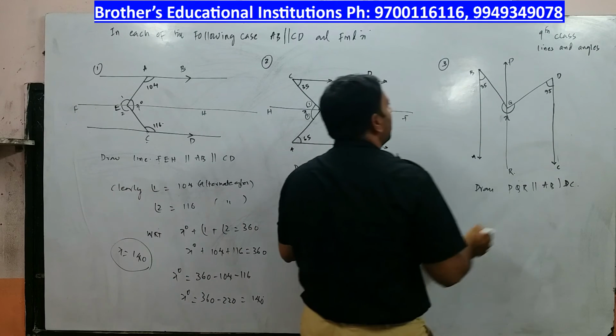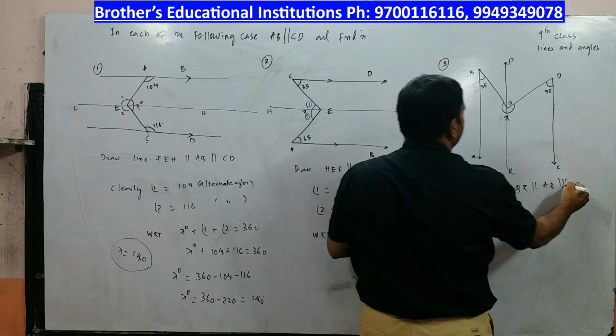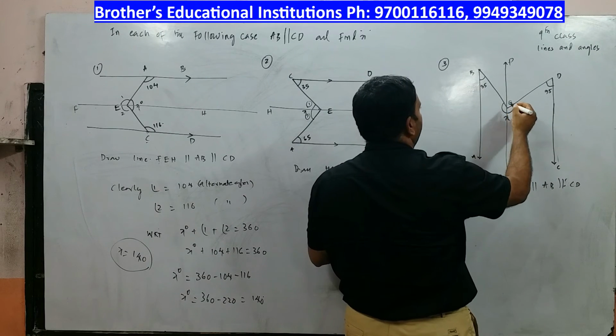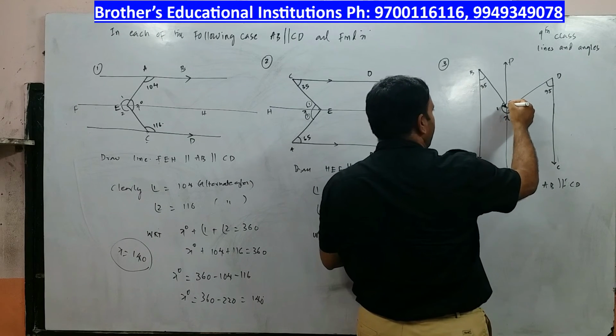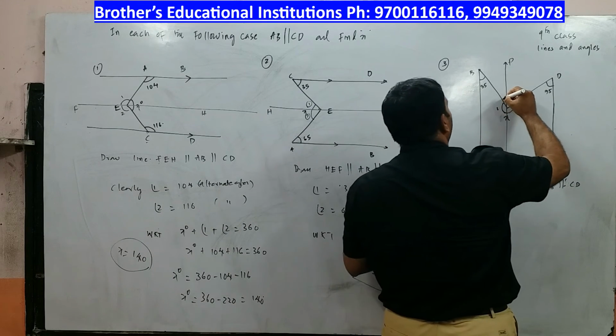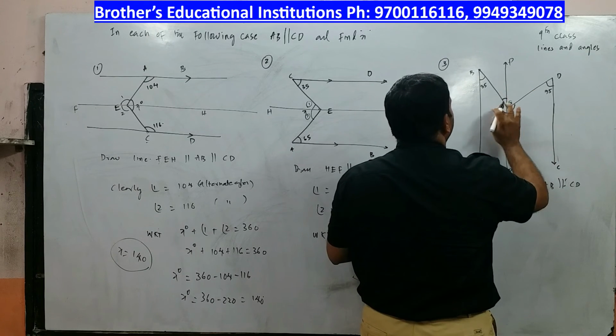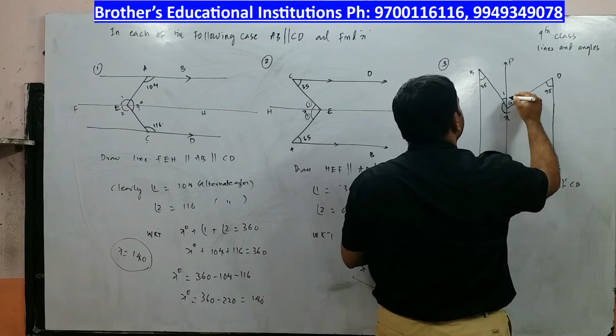Now, what is happening here? I will break this angle into parts, call this angle 1 and this 2. Now, what is this angle? This angle I will say as 1 and this as 2.